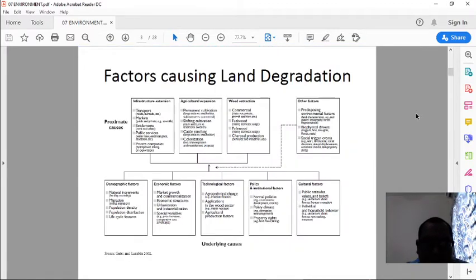For factors causing land degradation, we need to look at some of the causes, like transport, building roads, railroads, markets, settlements, public services, or even private companies doing their work, hydropower, mining, or oil exploration.